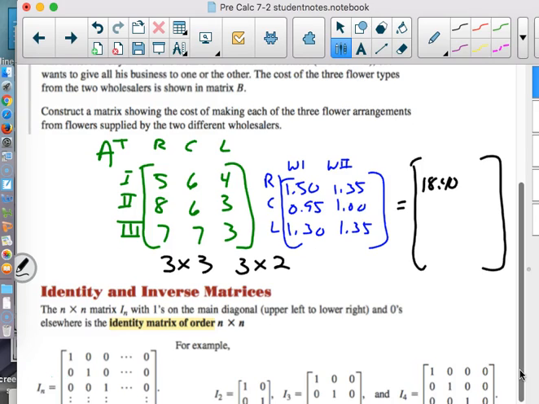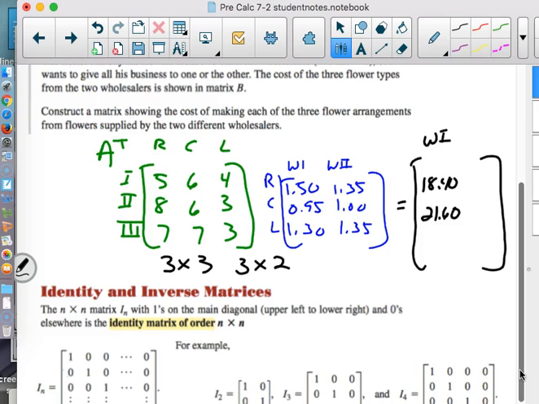Next one would be, I would probably just go down to the 863 and continue on with wholesaler 1. So 8 times $1.50 plus 6 times 95 cents plus 3 times $1.30. 21.60. And you start to get the feel, hey, this is all going to be wholesaler 1 in this column.